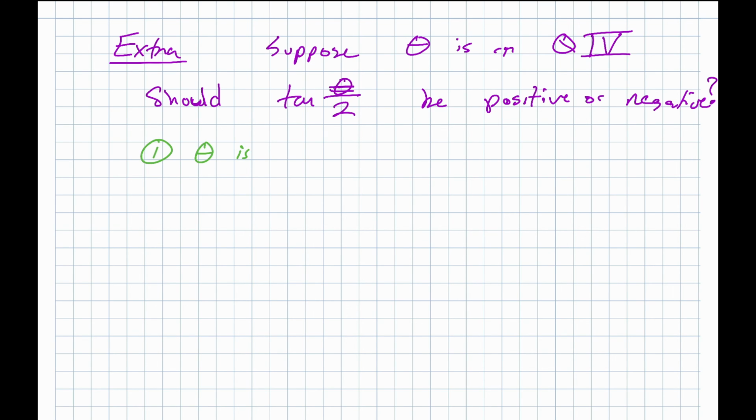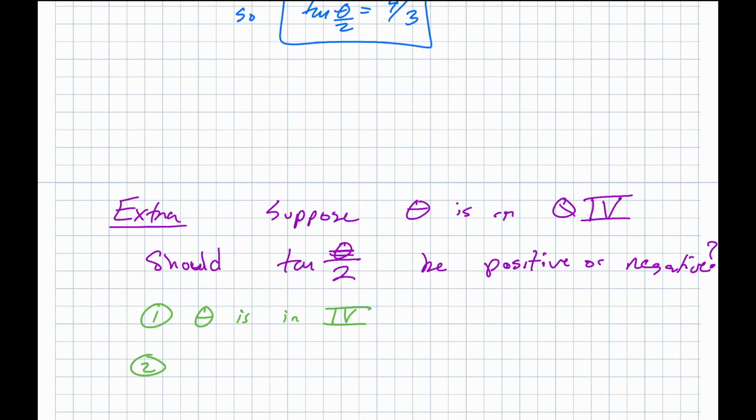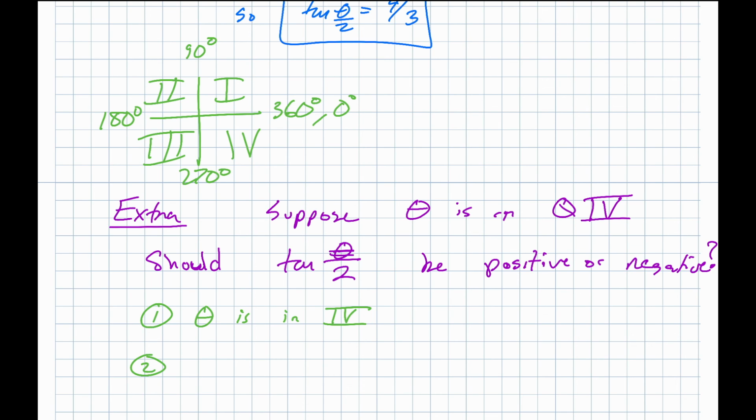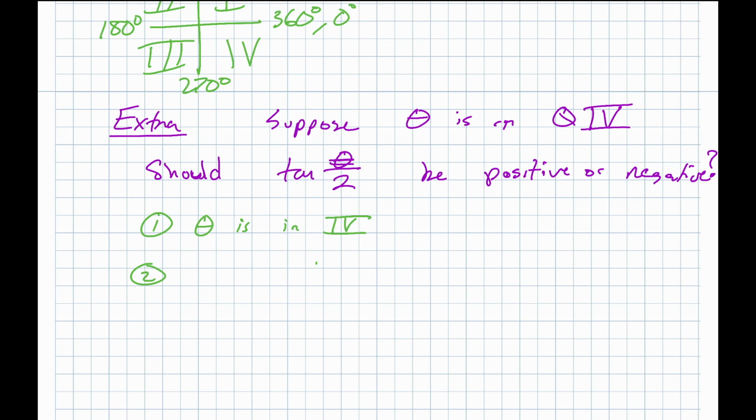So theta is in quadrant 4. Okay. Now remember where the quadrants are, right? Just draw a little picture here. 1, 2, 3, 4, right? But think about the degrees: 90, 180, 270, right? 360. That's also 0, but 360. So if theta is in quadrant 4, theta is between 270 and 360, right?